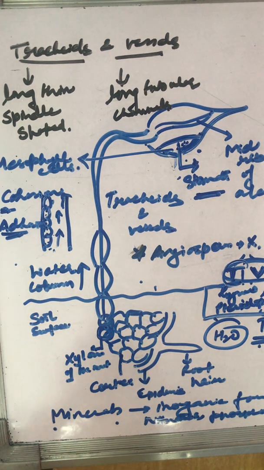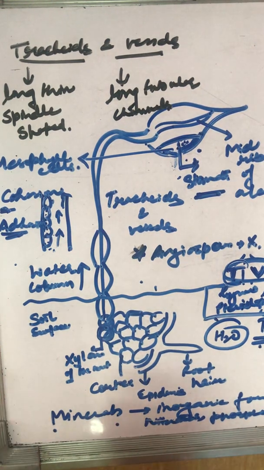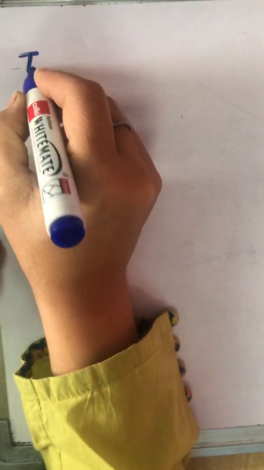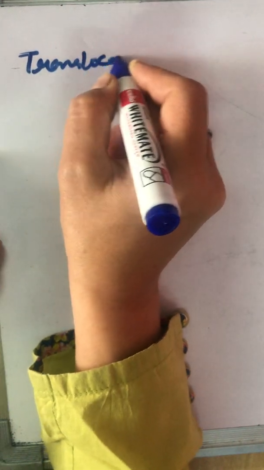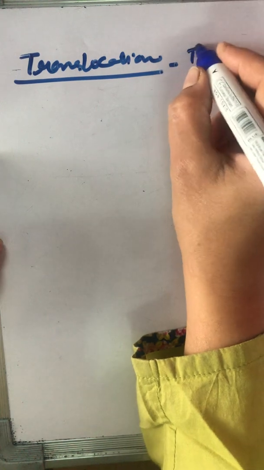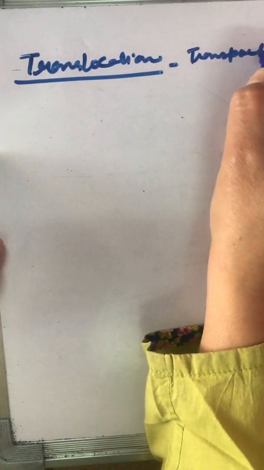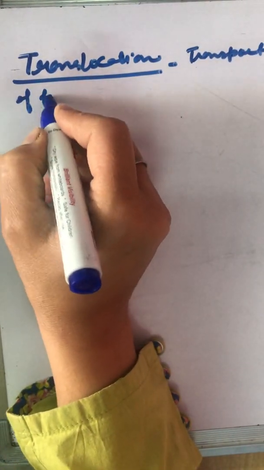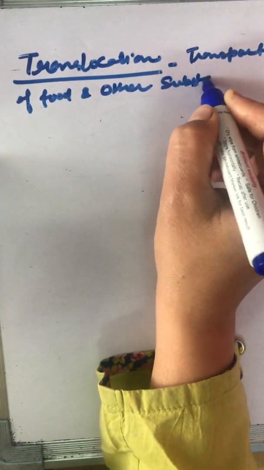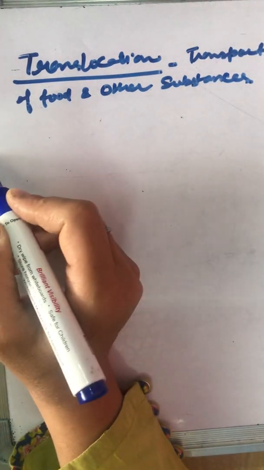Moving to the second type of transportation, that is the transportation of food and other substances. When we talk about food and other substances, we say it is translocation, process of transport of food and other substances.